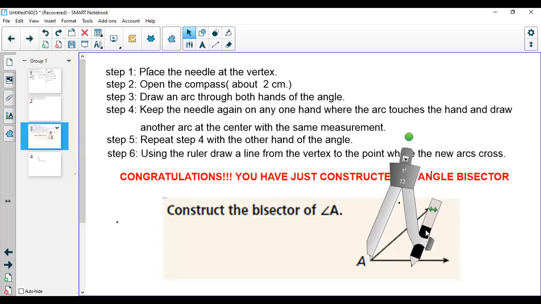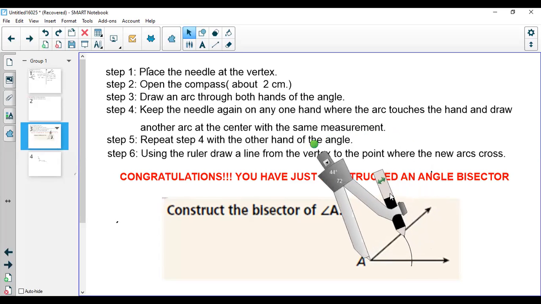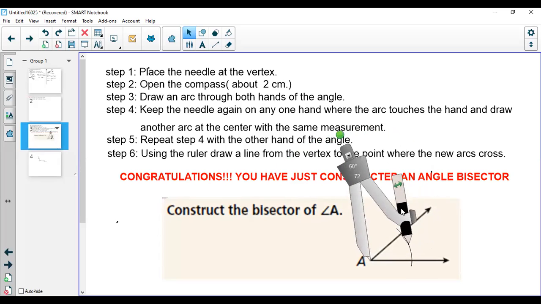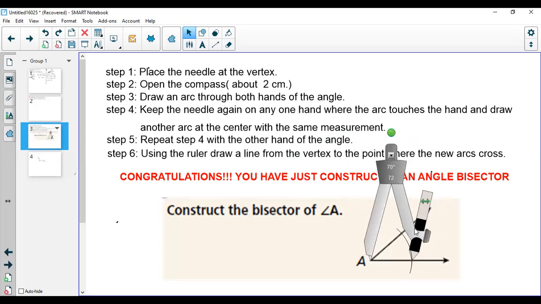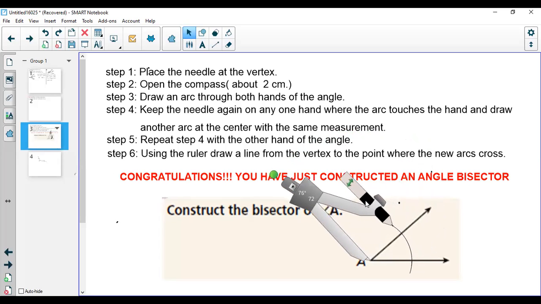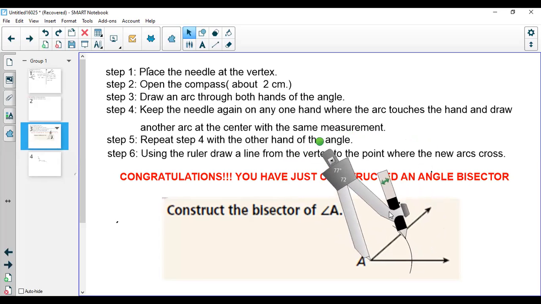Keep the needle in the same place and just draw something like that to cut both the hands of the angle. Clear? So this is step number 3. I know you will get it with practice.